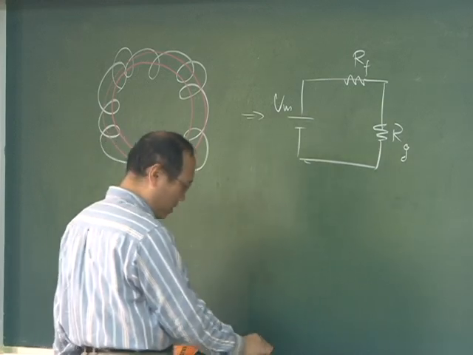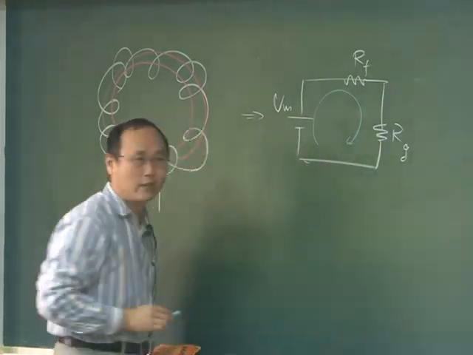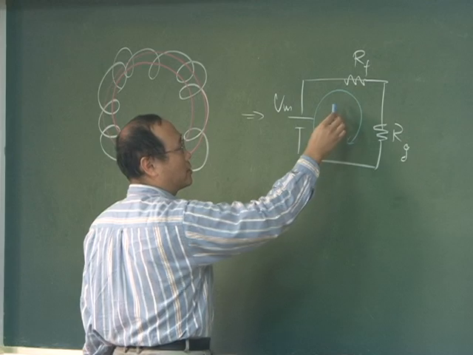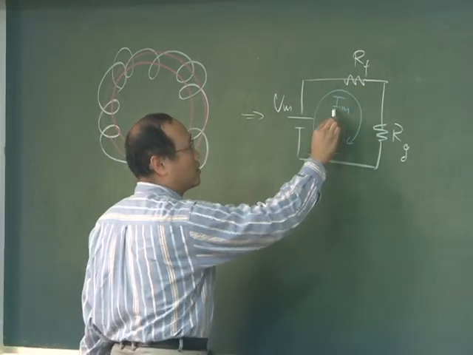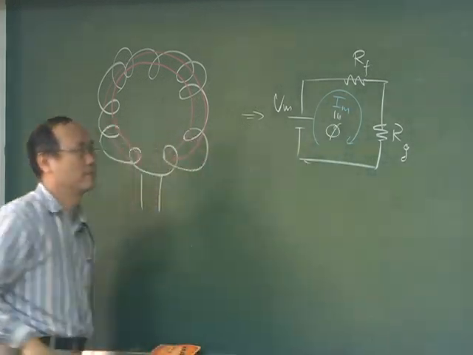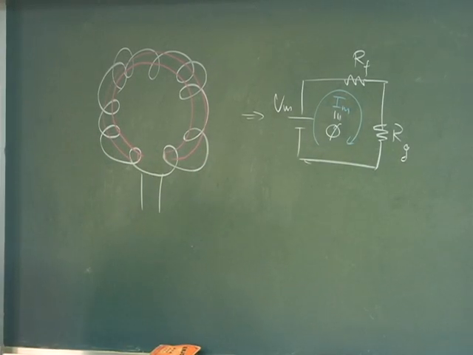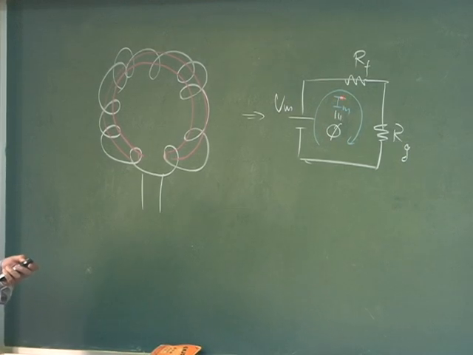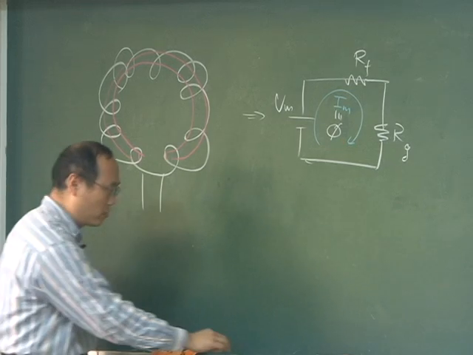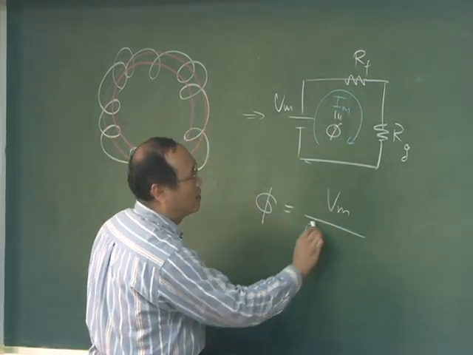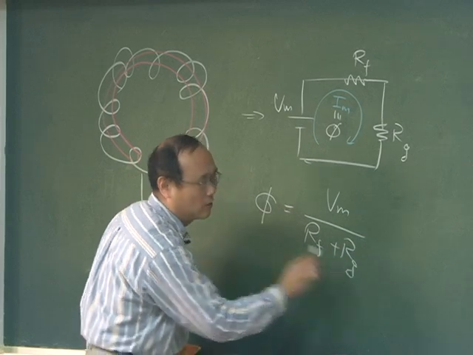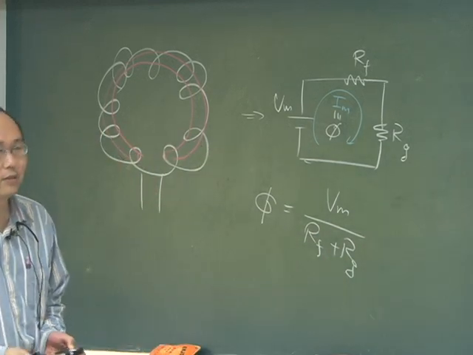Okay, and circulating inside this circuit is some sort of magnetic current, which is your phi. This I tells you that the corresponding current here is your phi. Okay, so you have phi equal to Vm over Rf plus Rg. Okay, right here.